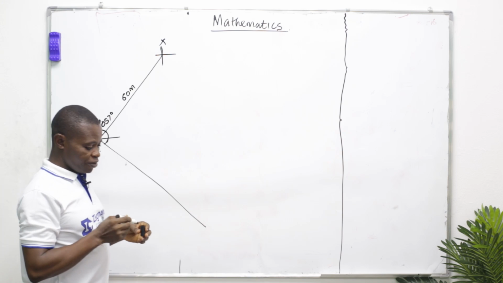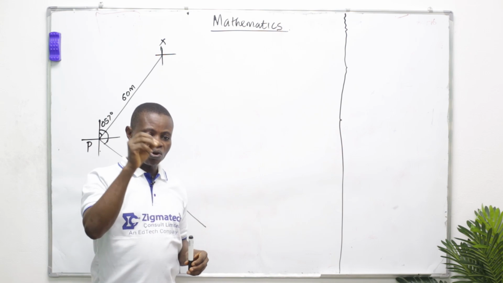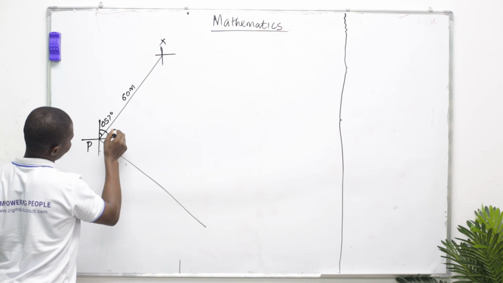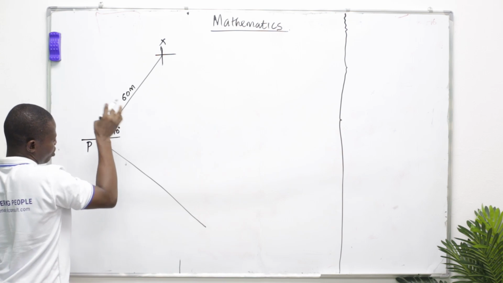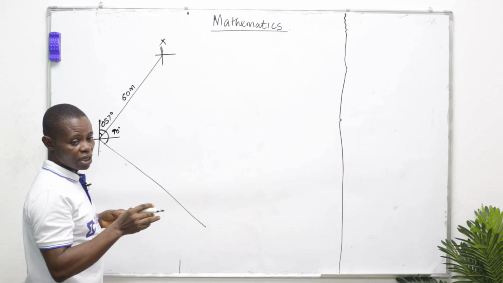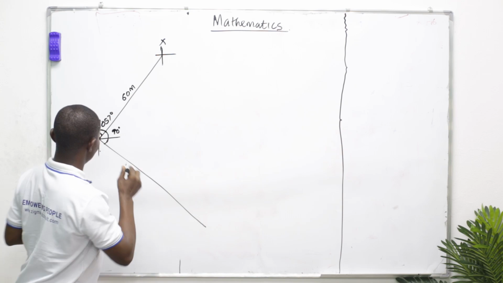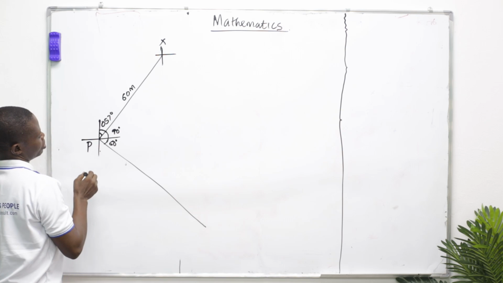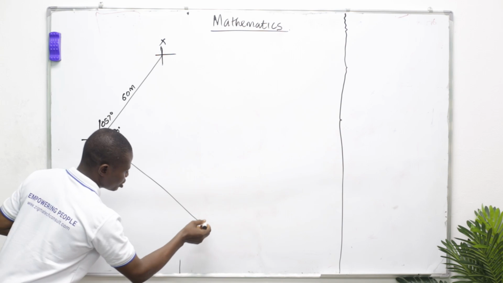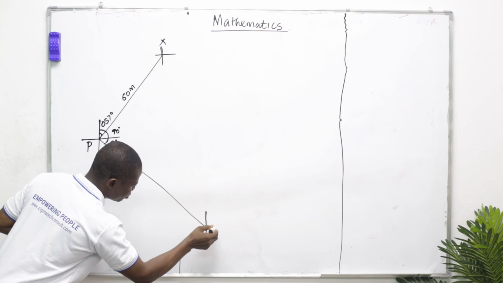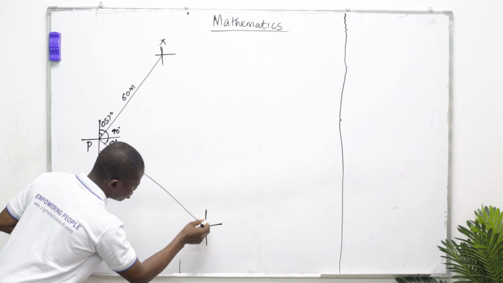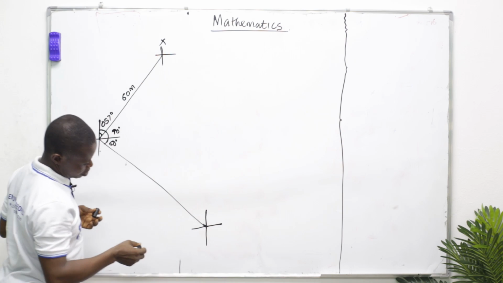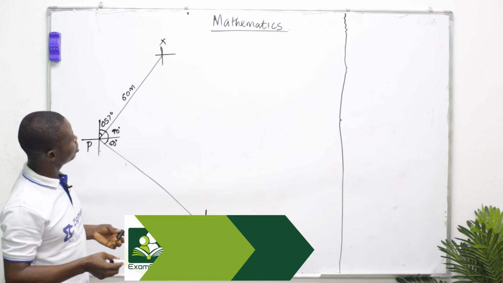Recall that for you to achieve 150, you must cross 90. So if you are crossing 90, it means you're taking out 90 degrees from 150. Taking out 90 from 150, it will remain 60 degrees. So this point is 60. So this is going to lie on the fourth quadrant, as this lay on the third quadrant.